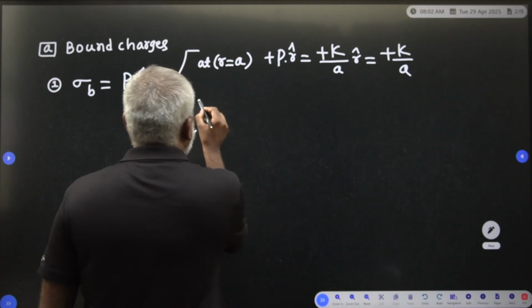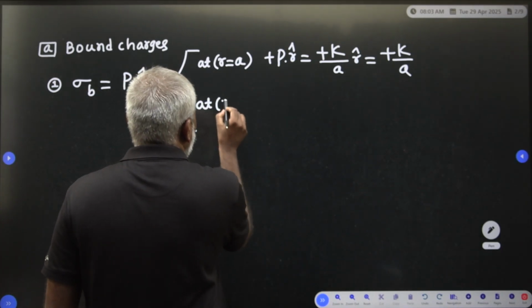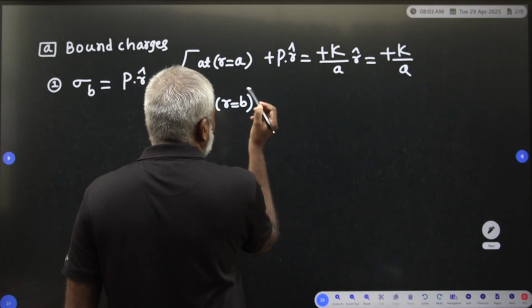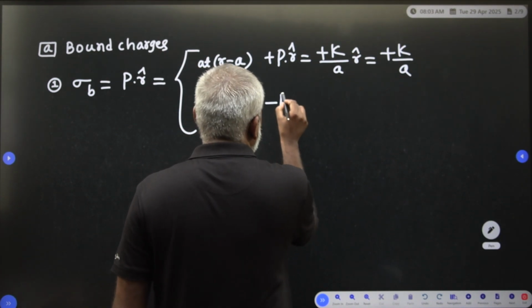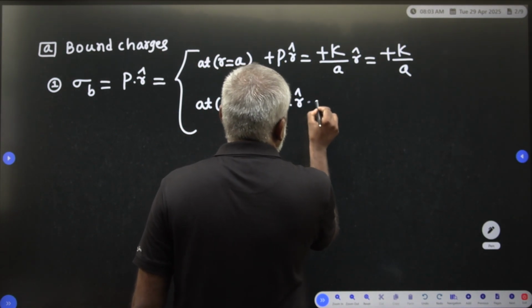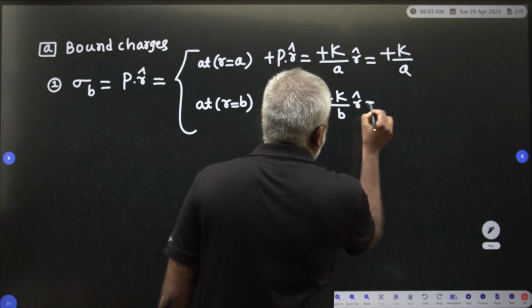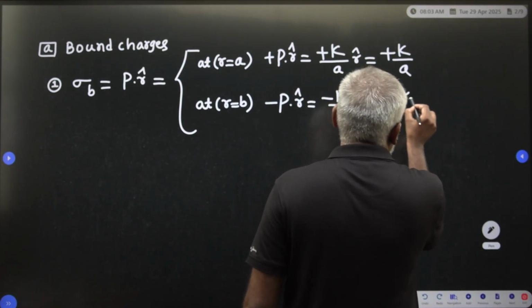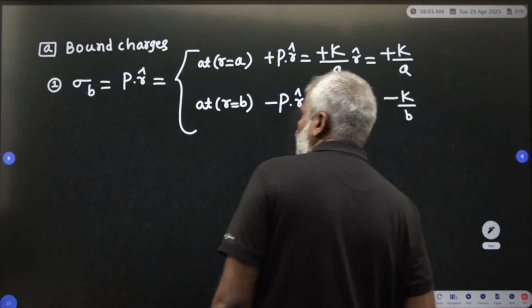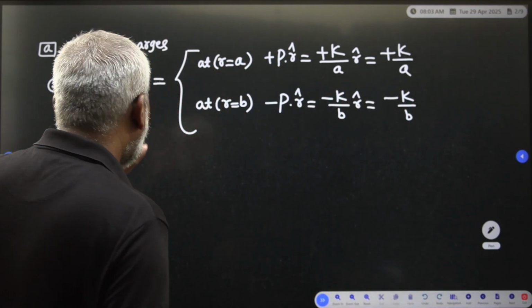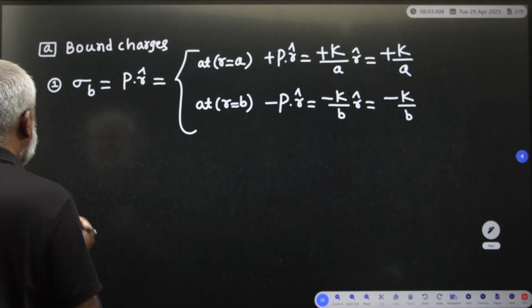Correct. At r is equal to b, an induced polarization can happen. Therefore, minus k by b. So, this is the bound surface charge density.